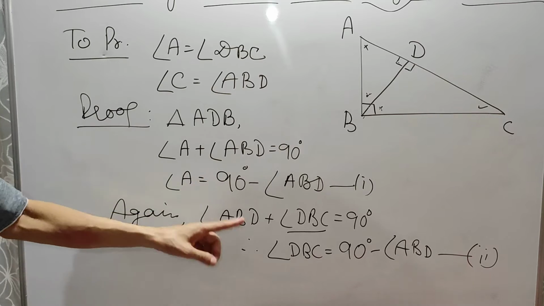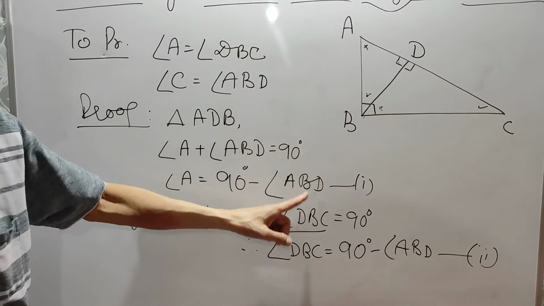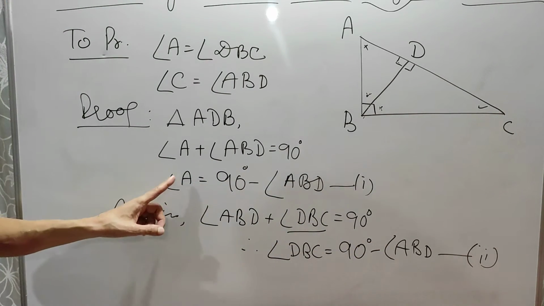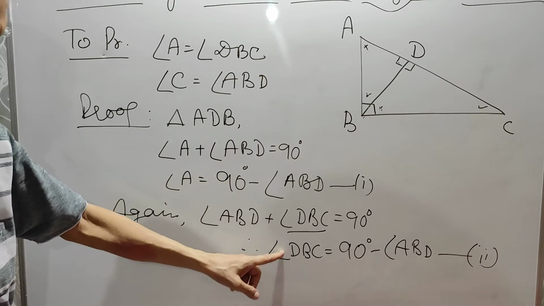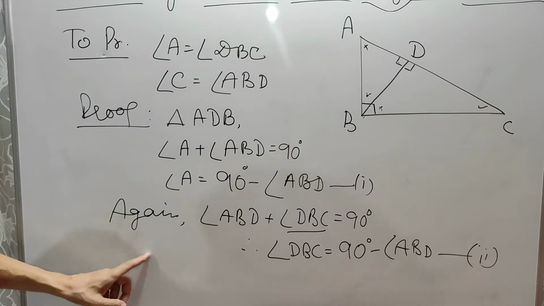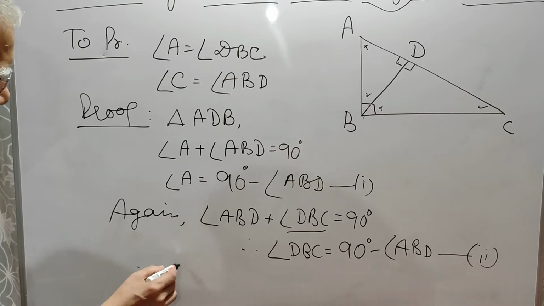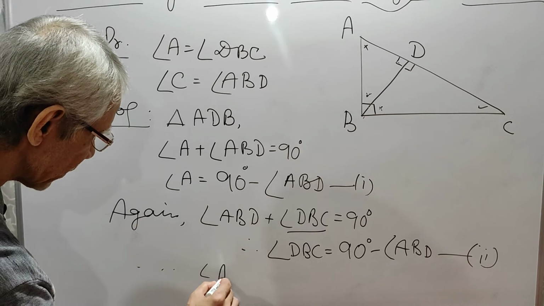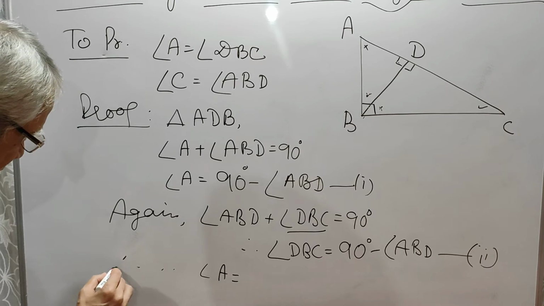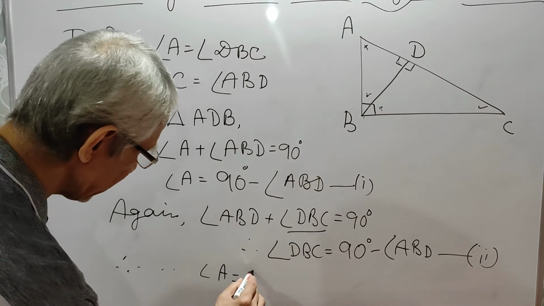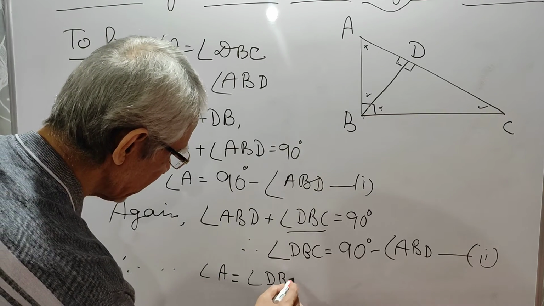Now compare these two statements. A equal to 90 minus ABD, DBC equal to 90 minus ABD. So from 1 and 2 we get, that is how you write, A equal to DBC. A equal to DBC proved.